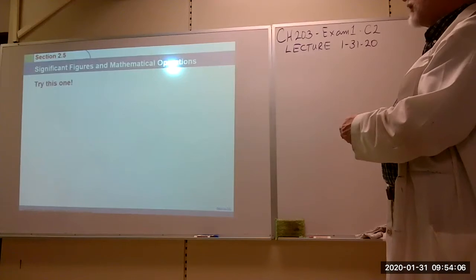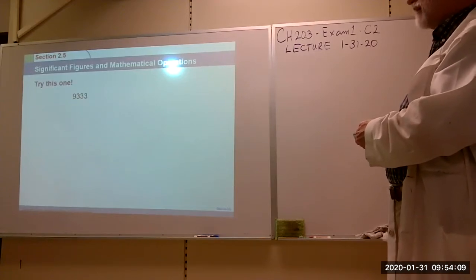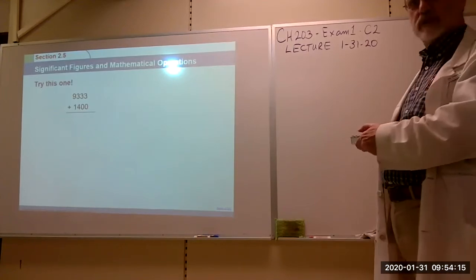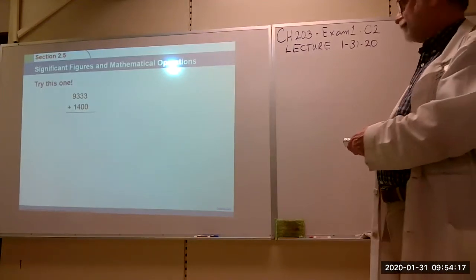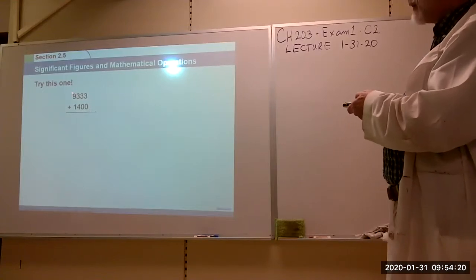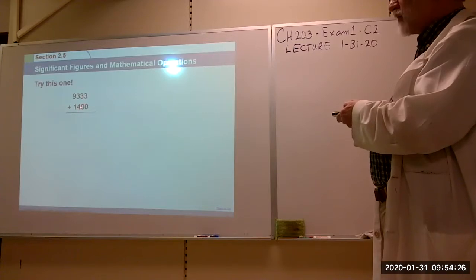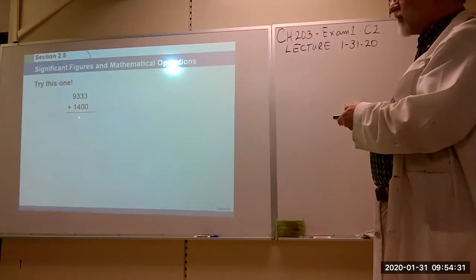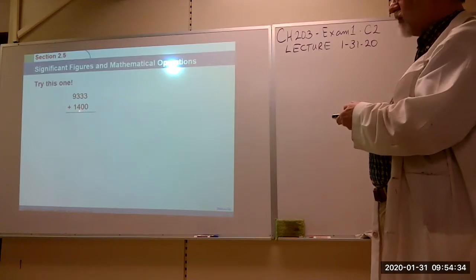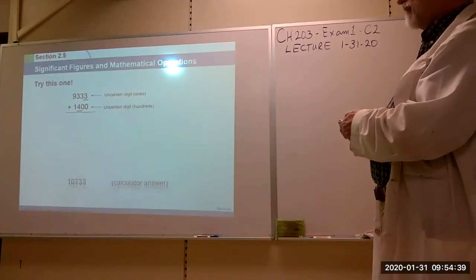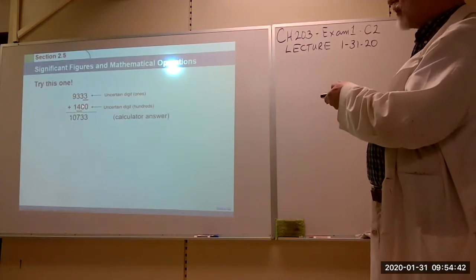Now, try this one. 9,333, and you want to add 1,400, right? How many significant figures in this one? 4. How many in this one? 2. To the hundreds place. So we have to stop at that position when we get our answer. We have to stop at the uncertain digit, the least certain.